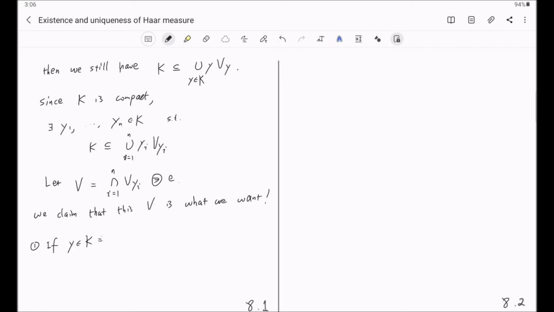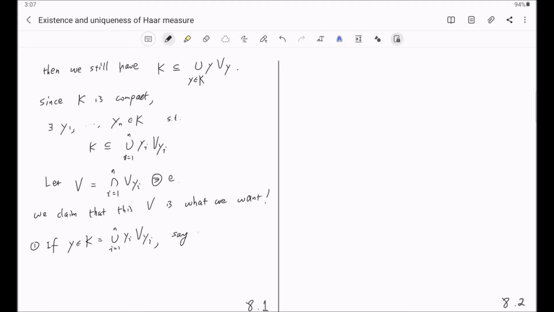Remember, K is the union of those sets. If y is in K, it must be in at least one of those members.